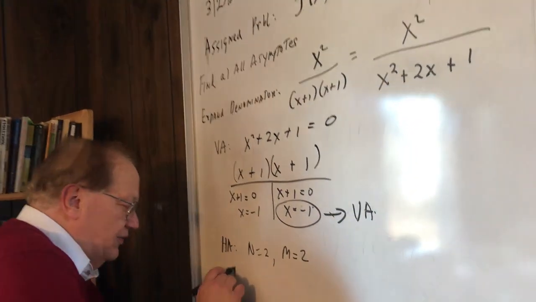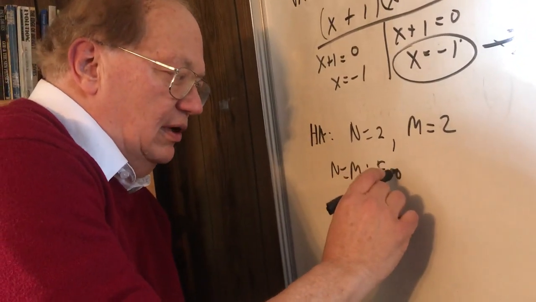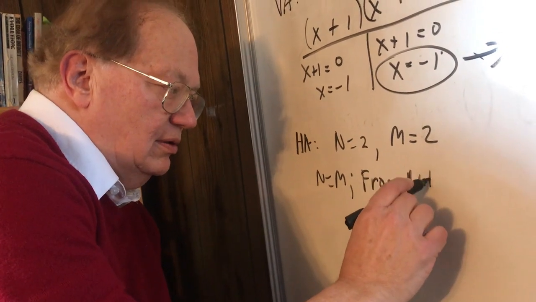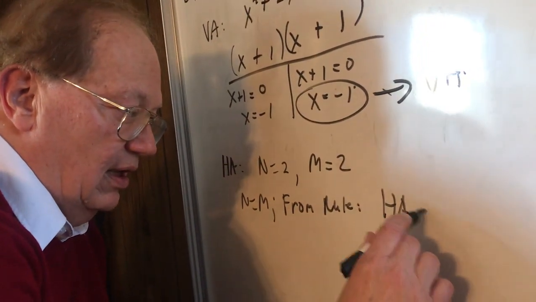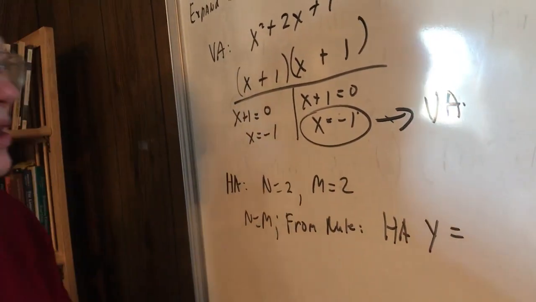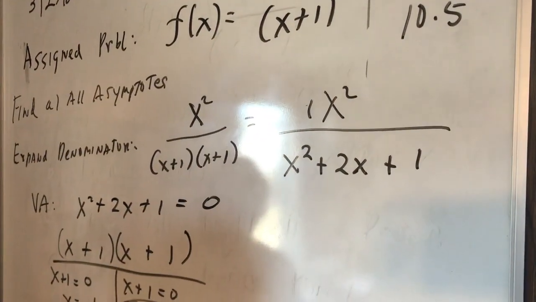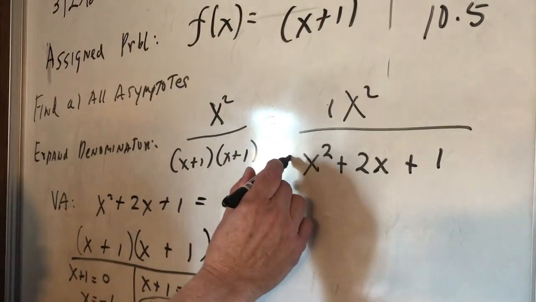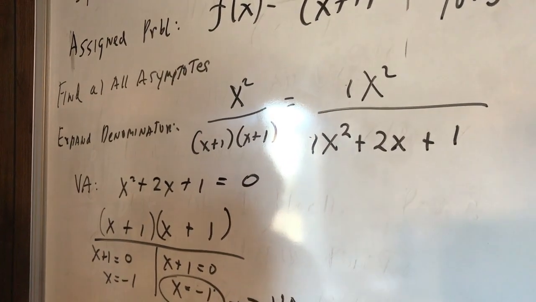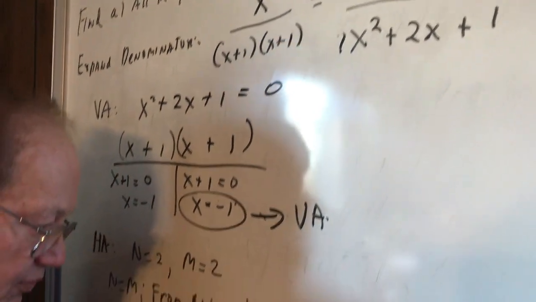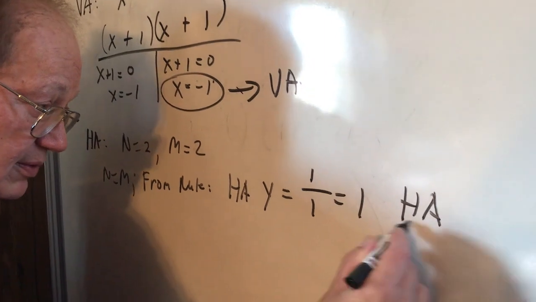So now we have n equals m, which if we look up from our rules, we have that the horizontal asymptote, y, is equal to the coefficient in front of the first term in the denominator and the coefficient in front of the second term in the numerator divided by each other. So it's 1 divided by 1. So 1 is your horizontal asymptote.